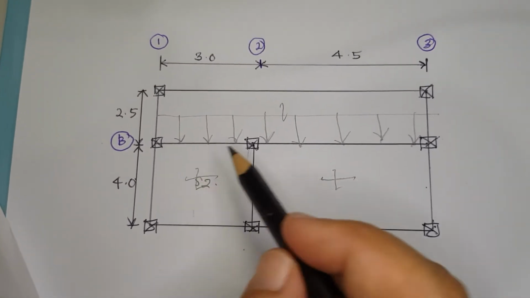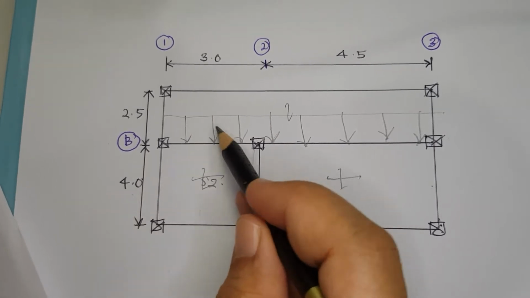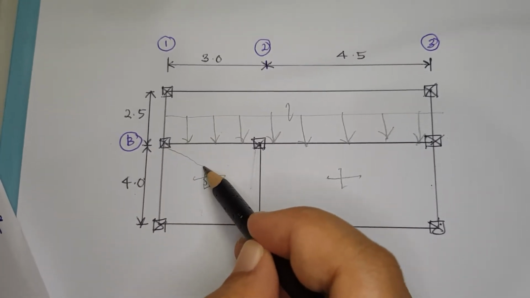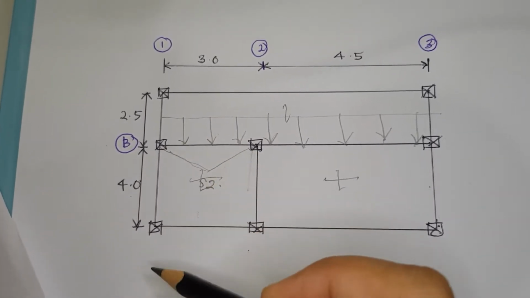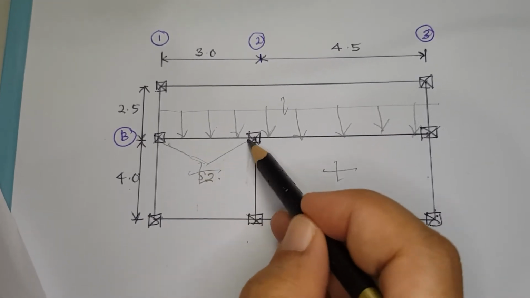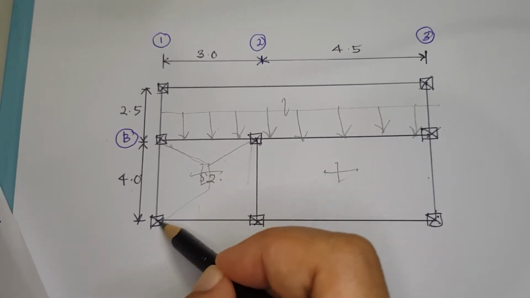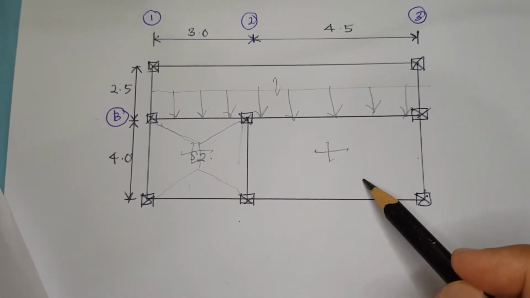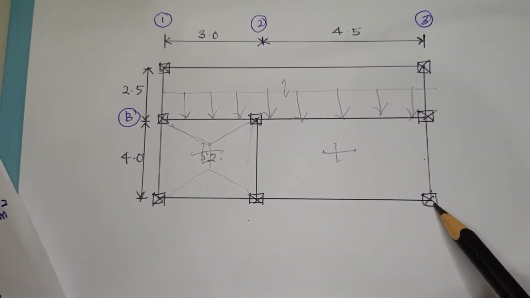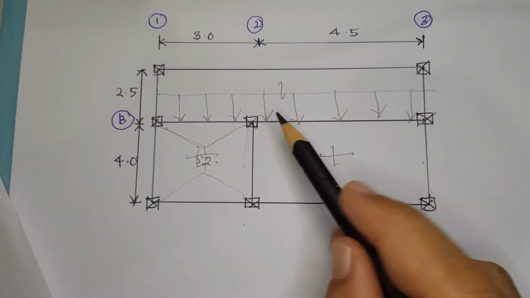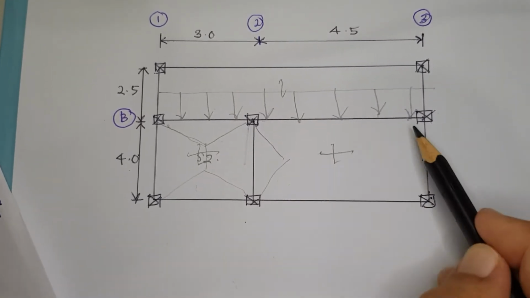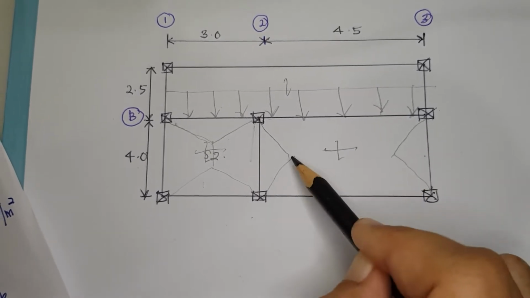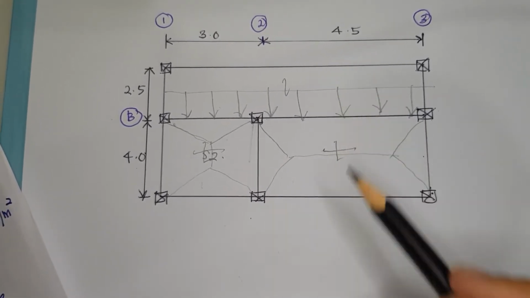So the two-way slab, this is the 4 and 3 meter. The shorter length, the shorter beam will receive this shape. So this is trapezium like this. Okay, so for this slab number 3, this is the shortest length, this is the longest length. So here is triangle, so this is trapezium.